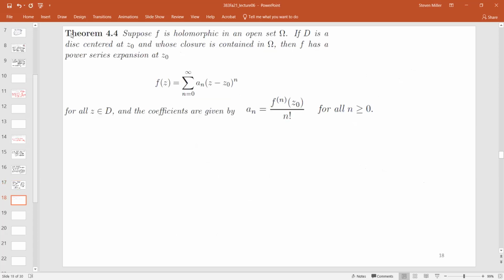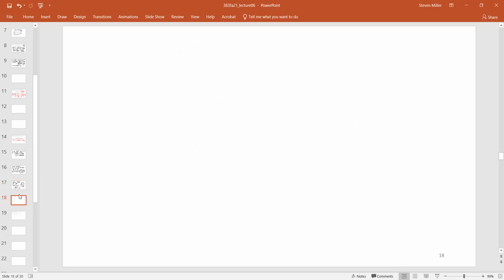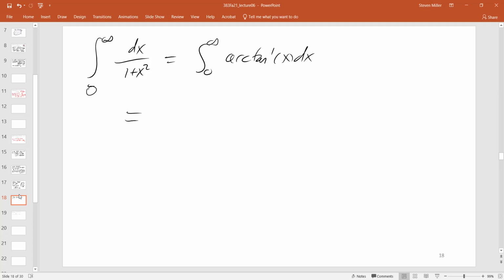And so now, if I want to integrate from 0 to infinity of dx over 1 plus x squared, this is the integral from 0 to infinity of arctangent prime of x dx. All right. Anybody want to tell me what is the integral of arctangent prime?